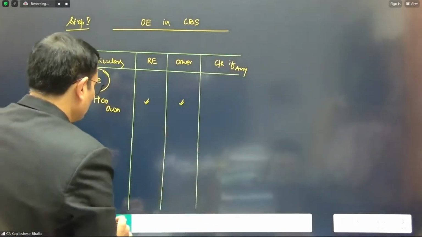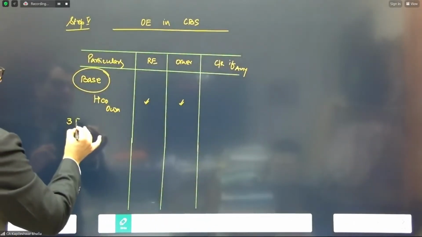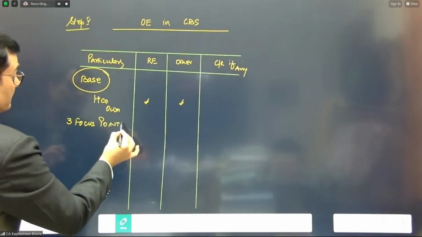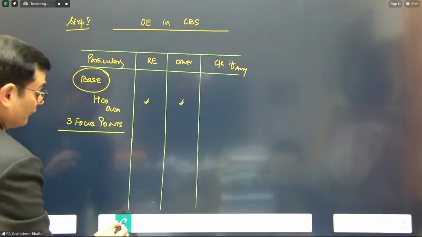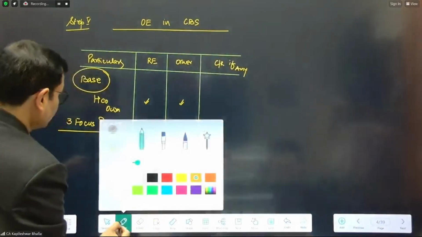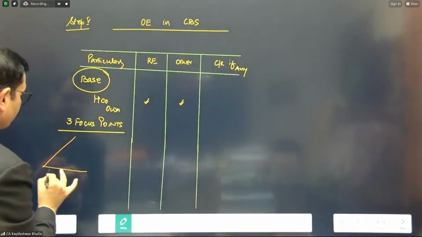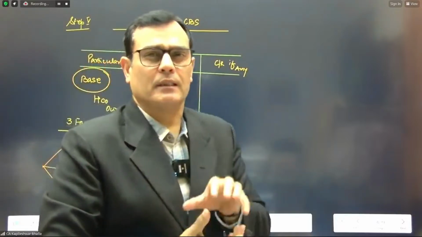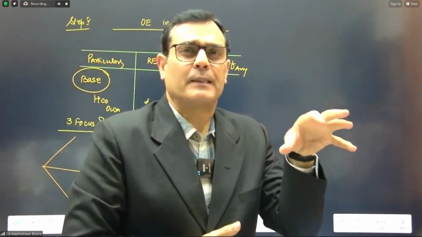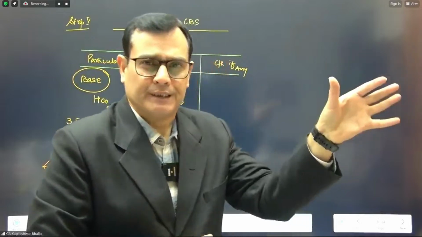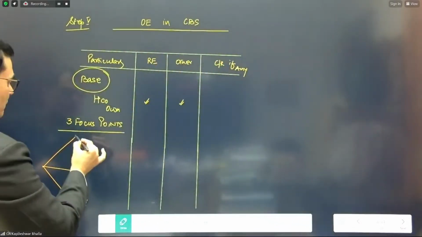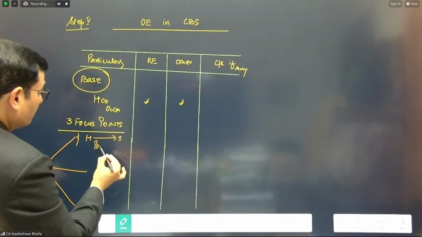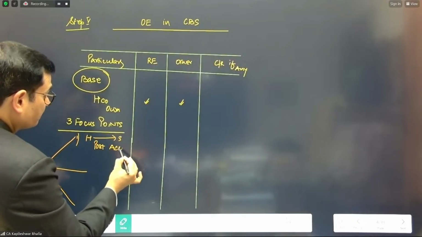Then you need to consider 3 focus points, as I said. So what are the 3 focus points to be kept in mind as we move forward? Focus point number 1: you need to consider the holding company's share in the subsidiary's post-acquisition profits.